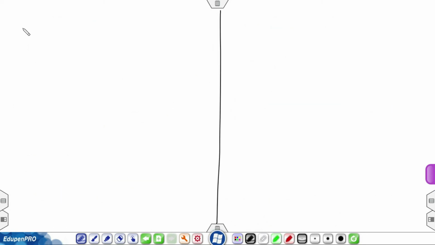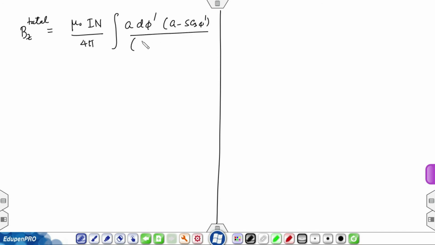The expression for B z total was mu 0 I n divided by 4 pi, integration a d phi prime (a minus s cosine phi prime) divided by (s square plus a square minus 2 a s cosine phi prime), and there was a factor of 2 here.